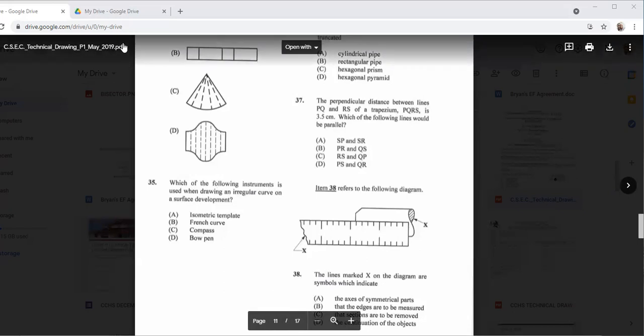So a trapezium, remember, has all four sides and angles unequal. This is basically a trapezium. All right, so the perpendicular distance would be this distance here. The perpendicular distance.